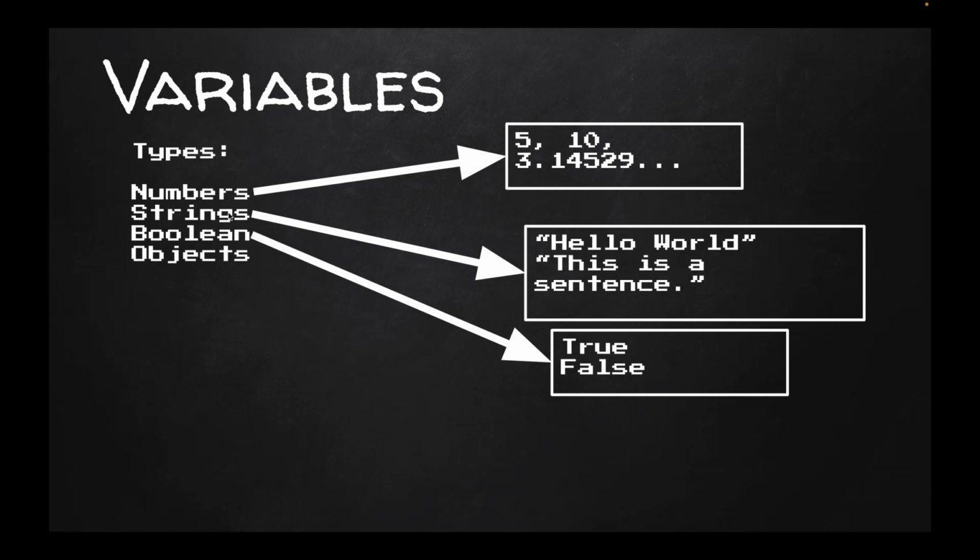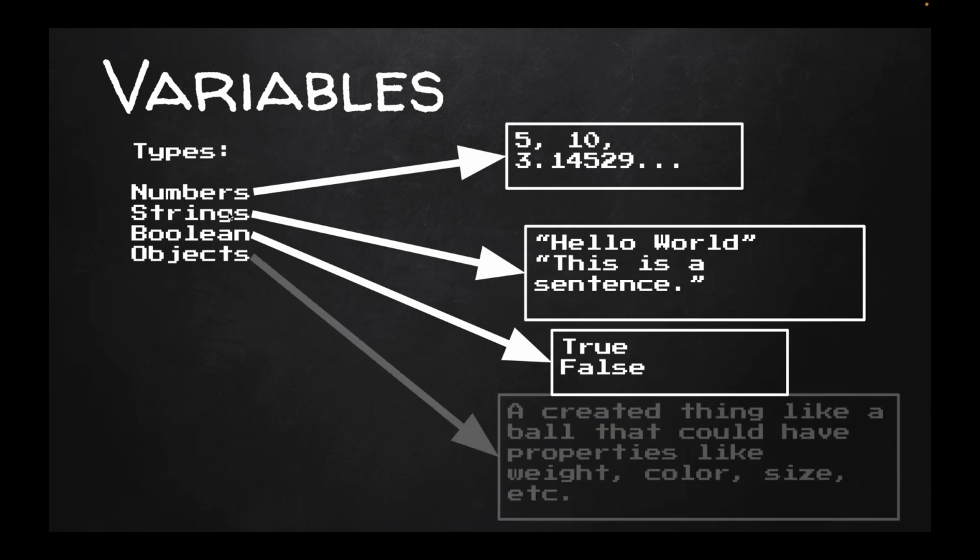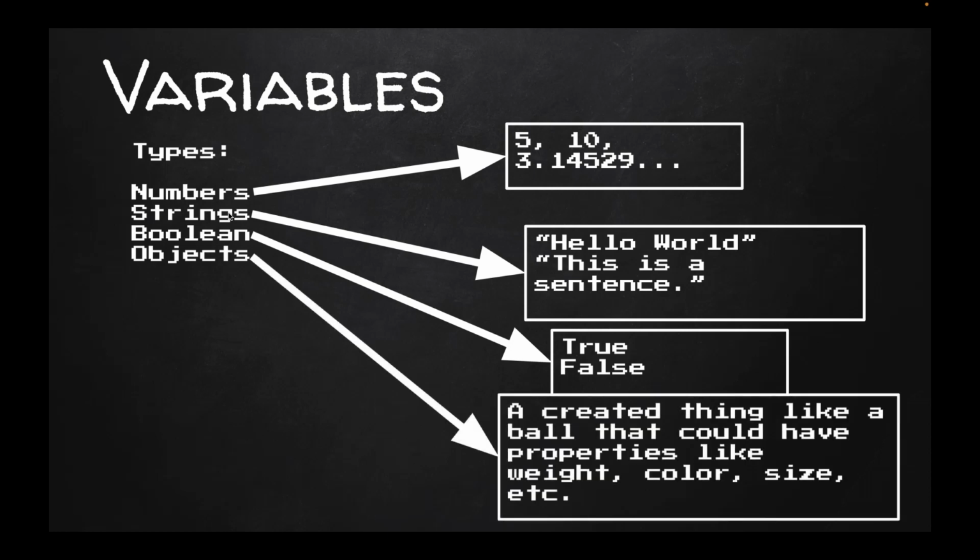If the hero has a key, if that's true, then we can open the door. If he doesn't and it's false, then we cannot open the door. So we do need Boolean values to help branch our code, and we can store those in variables to use later. We will eventually get into objects for variables.